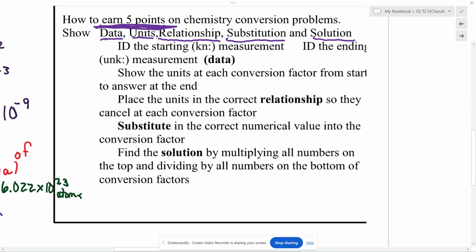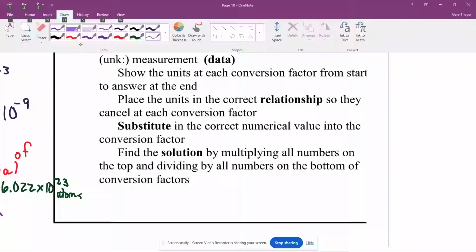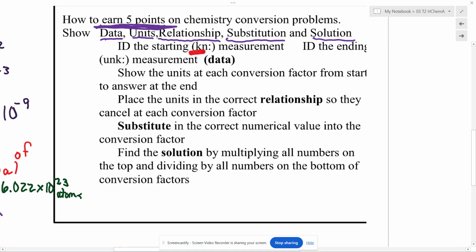So when we're doing these kind of problems, you get 1 point for identifying what is known in the problem. I'm going to switch to red here for a moment. What is known in the problem and what is unknown. When you identify that, that earns you 1 of the 5 points.